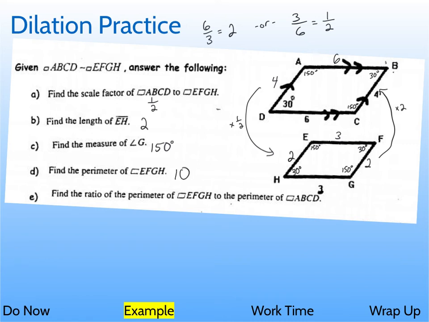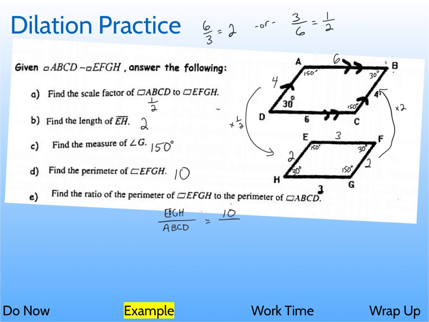And then with this, we're going to do the ratio of the perimeter of EFGH divided by the perimeter of ABCD. We already know EFGH is 10. And then ABCD, let's find the perimeter of that. So we have 6 plus 4 is 10, plus 6 is 16, plus 4 is 20.